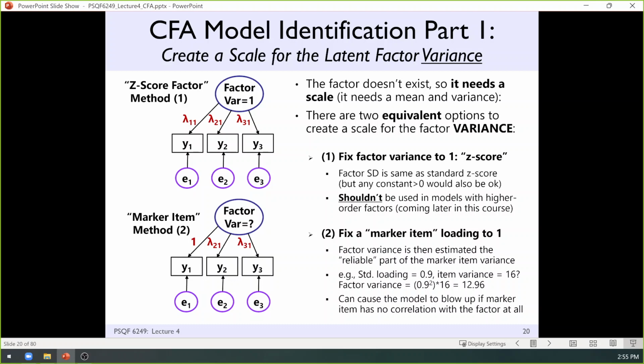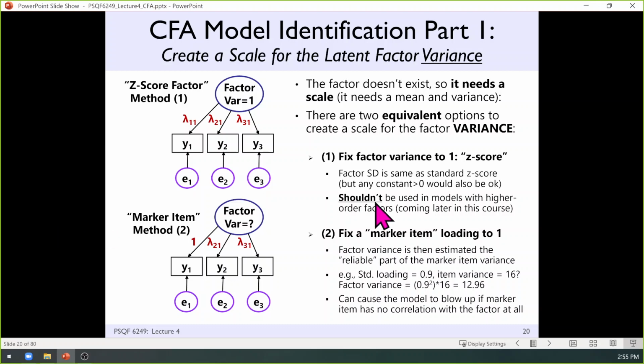Well, it's 1 if it's the variance of the factor, but if you want to have the factor then be predicted, that 1 has got to shrink because it needs to become variance left over after the prediction. And so not having it fixed to a number and not being able to shrink, I've seen that cause model convergence problems before. Okay, thank you. Yeah, sure.